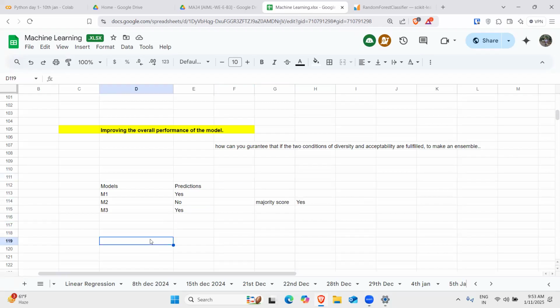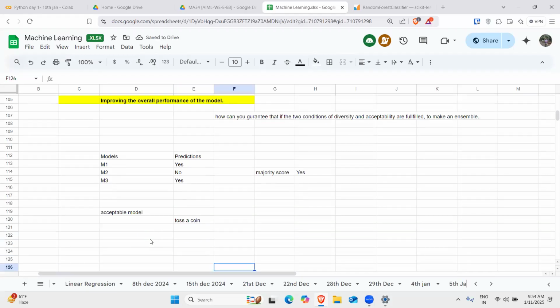Simply. So your acceptable model, first point, let's consider another scenario. You're tossing a single coin, right? So here, your probability of head equals the probability of tail, and that is 0.5.